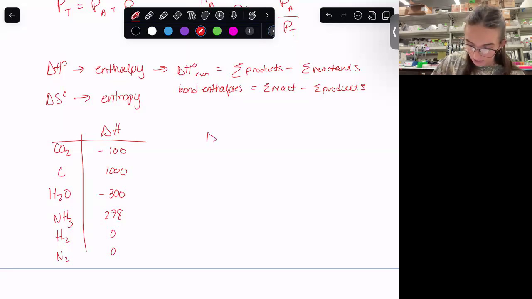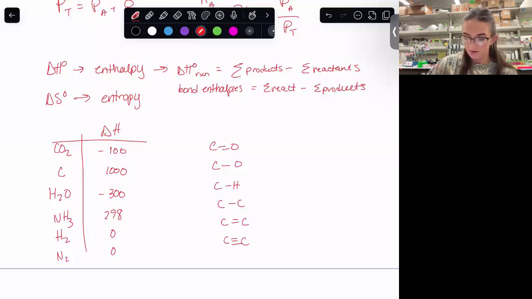If you're given something with carbon dioxide, carbon oxygen, carbon hydrogen, or carbon carbon, these are now all bond enthalpies.